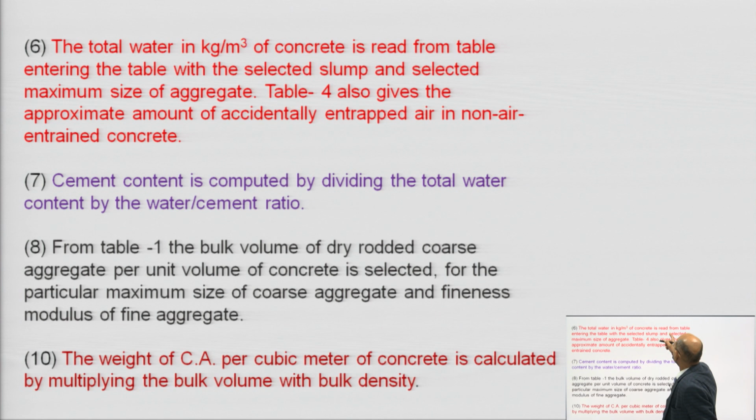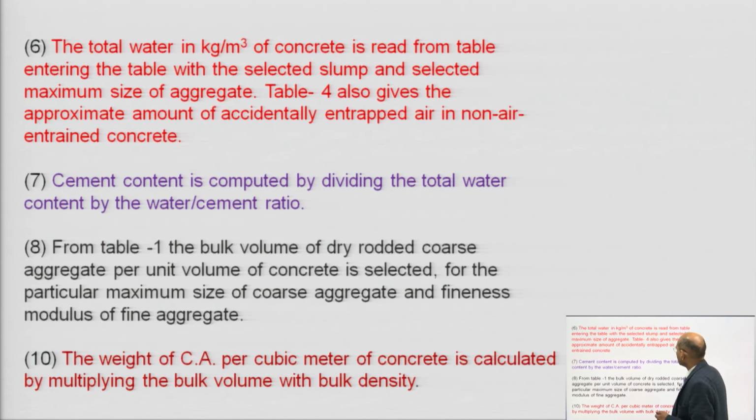Based on that we have to enter the table with the selected slump and selected maximum size of aggregate. The table also gives the approximate amount of accidentally entrapped air in non-air entrained concrete.